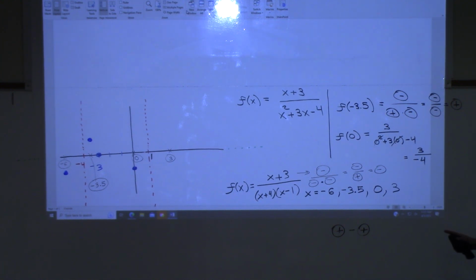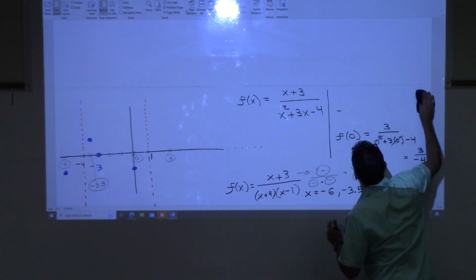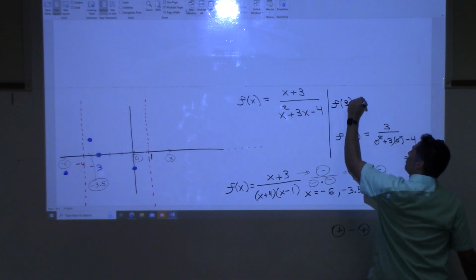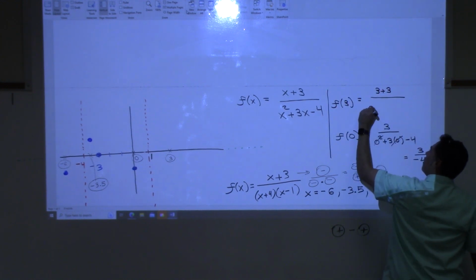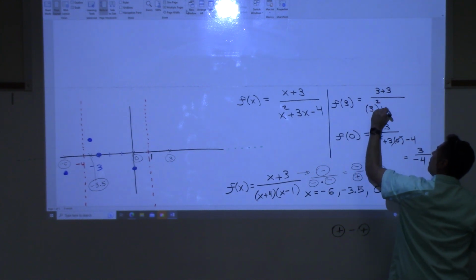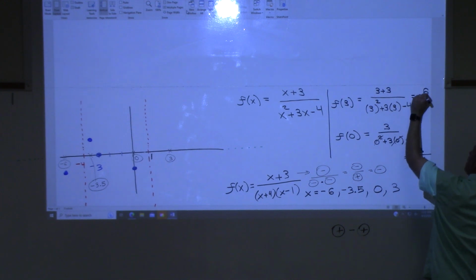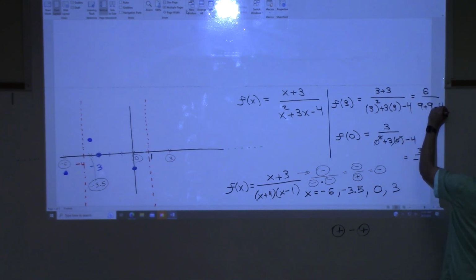Okay, last one. Plug in 3, right? Plug 3 into this function. I'll do it up here. F of 3, and we're going to do the long way here. On top we get 3 plus 3 over 3 squared plus 3 times 3 minus 4. So on top we have 6, and on the bottom we have 9 plus 9 minus 4.